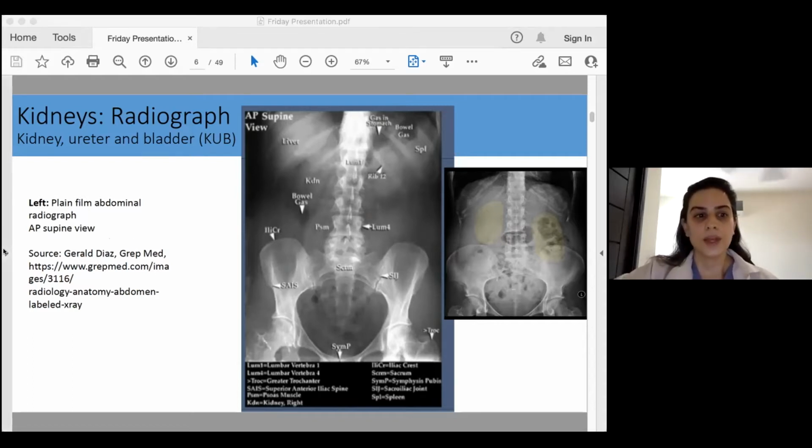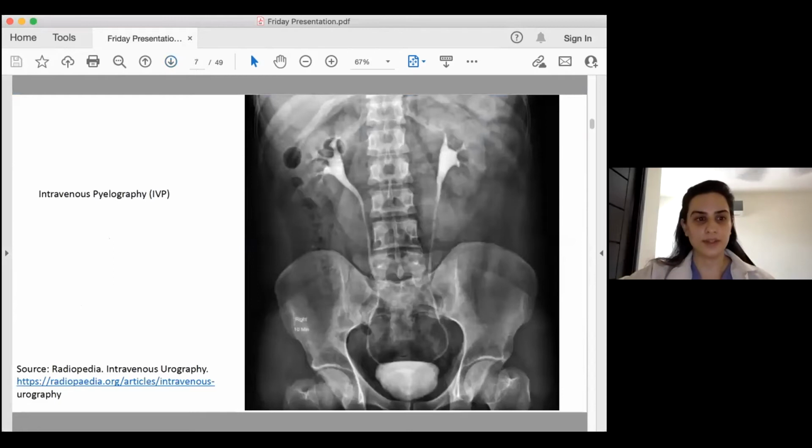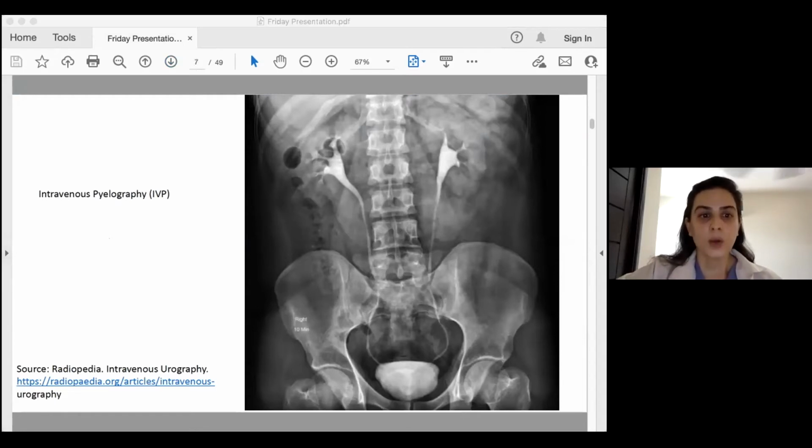So if we do require a radiograph of the kidneys, it is often helpful, instead of just having a plain film radiograph, to have an intravenous pyelography, which is basically when a water-soluble, non-ionic contrast medium is injected into a patient.